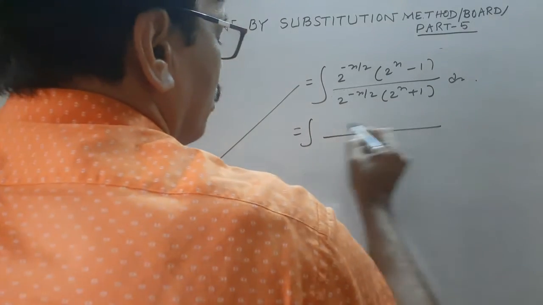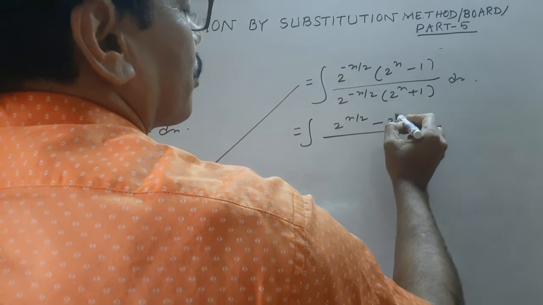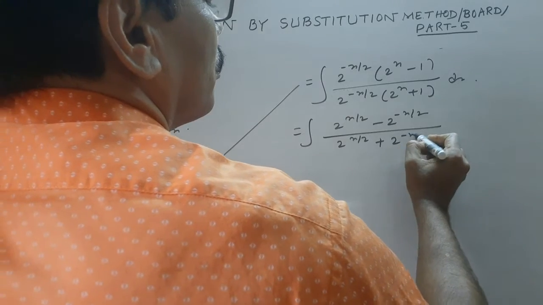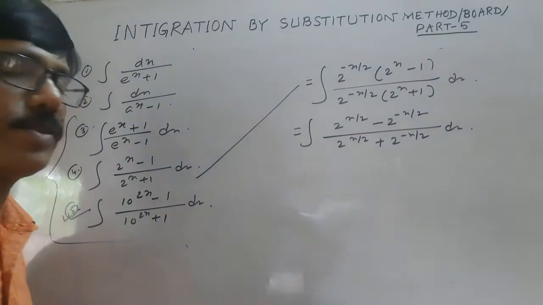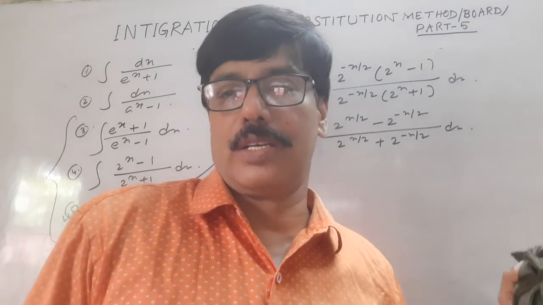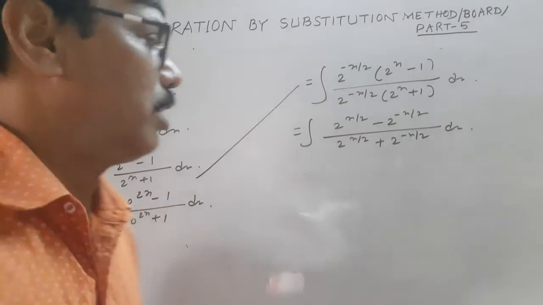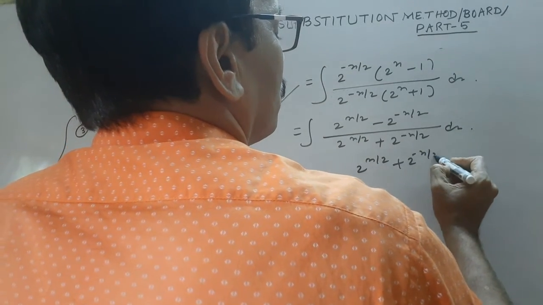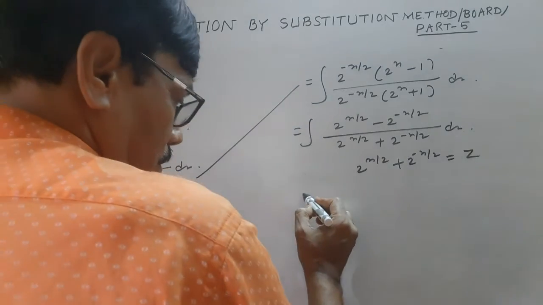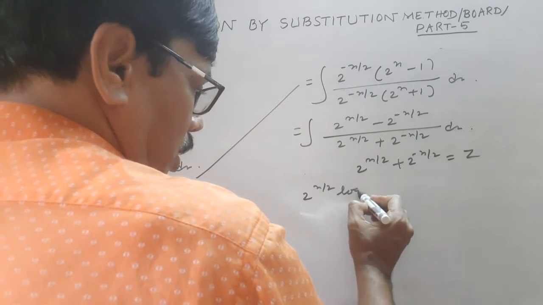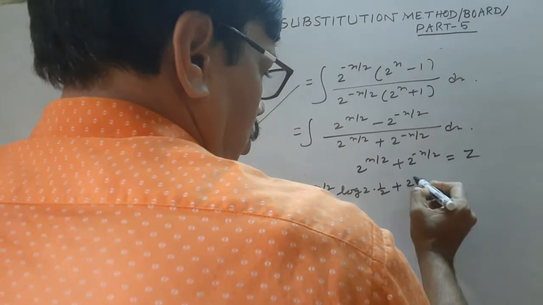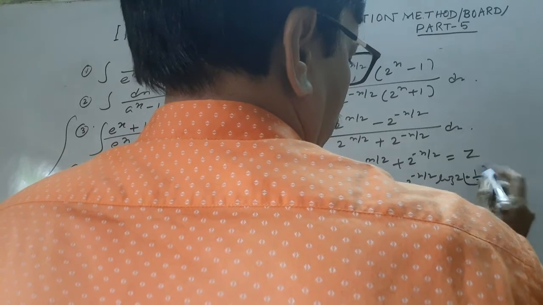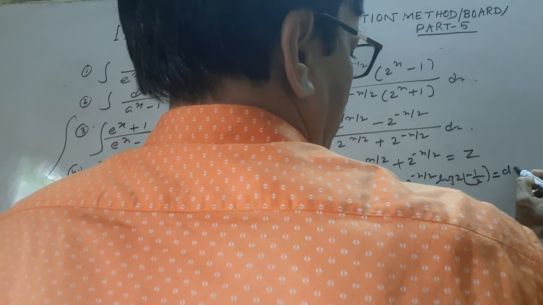So what advantage are you getting? Look, by the rule of indices, you are getting this. Now if we consider the denominator as z, then we get the numerator. So the derivative of 2 to the power x by 2 is 2 to the power x by 2 log 2 into half, minus 2 to the power minus x by 2 log 2 into minus half, equals dz by dx.